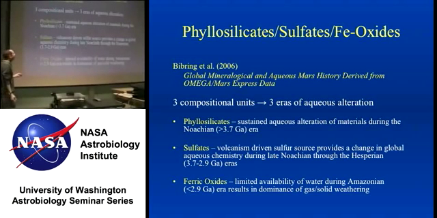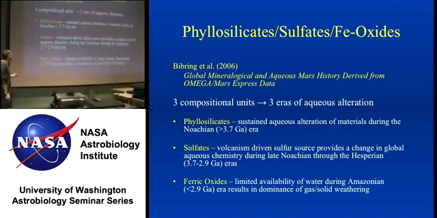This happened during the late Noachian, throughout the Hesperian, and any water that was present would, as it dissolved things in the rocks, have lots of sulfur dissolved in it, lots of magnesium and calcium and other things, and when it evaporated away or the conditions changed, it would precipitate out sulfates.